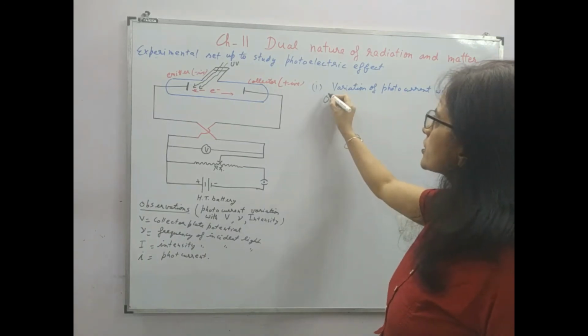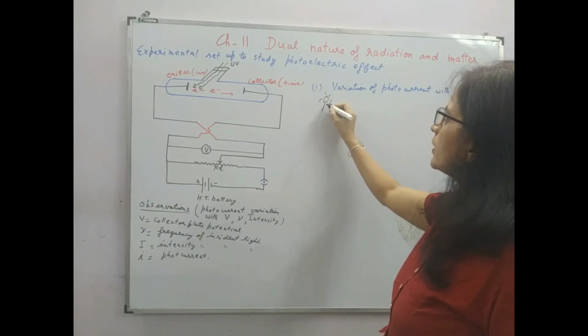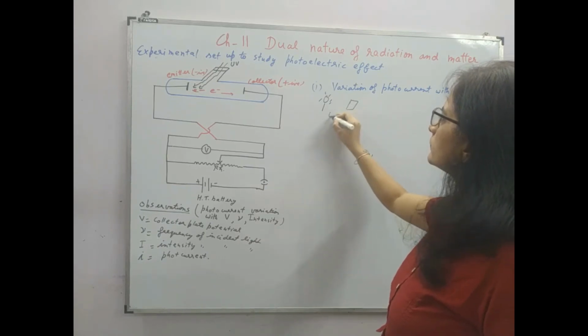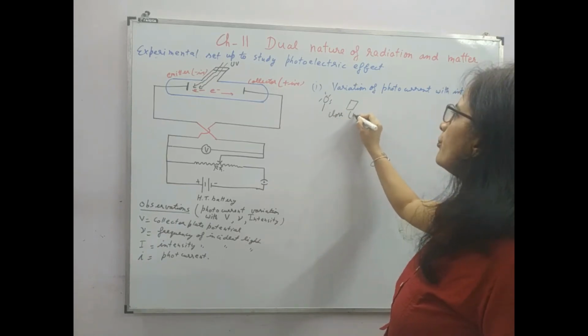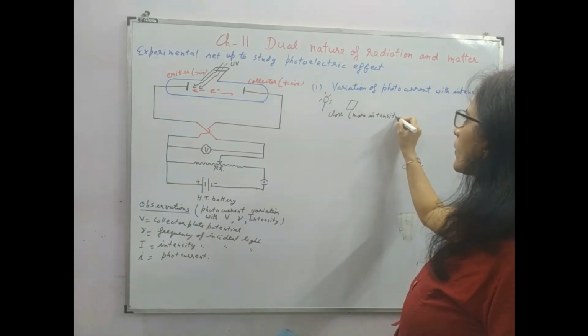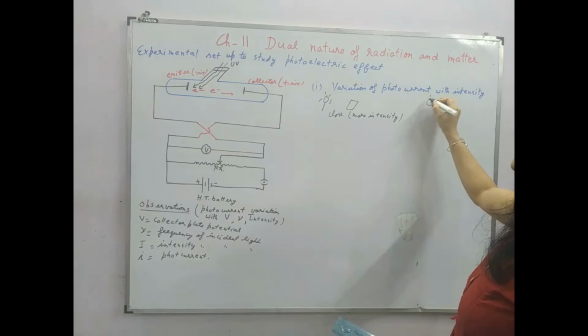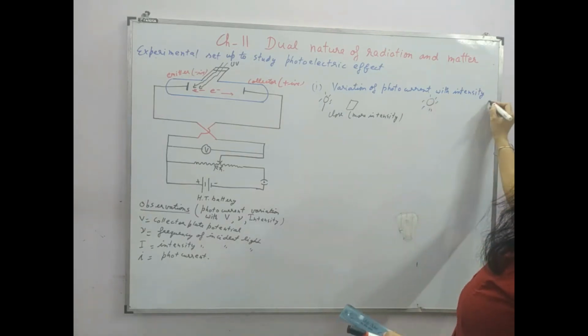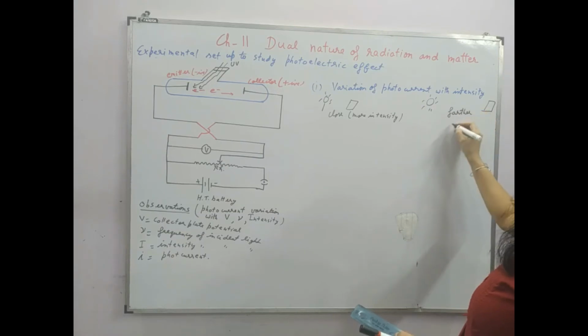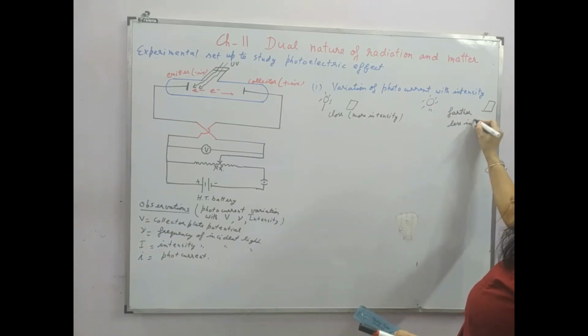If the source is closer, more intensity. If the source is farther, then less intensity.